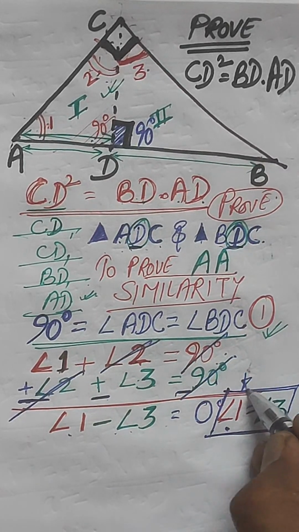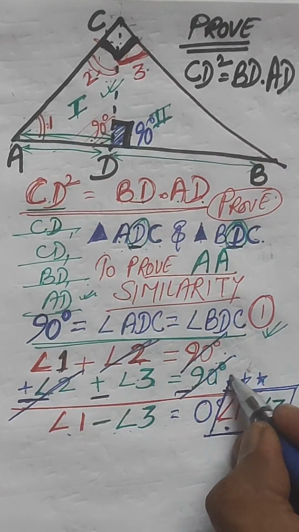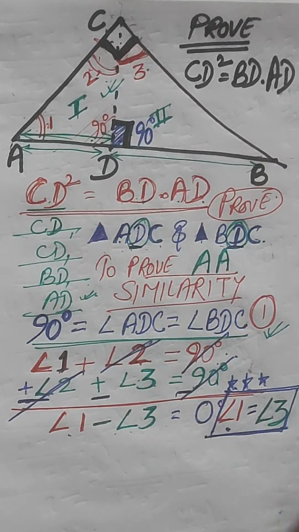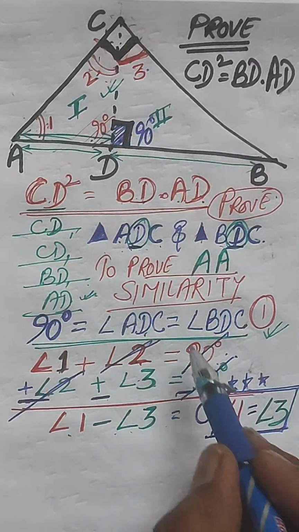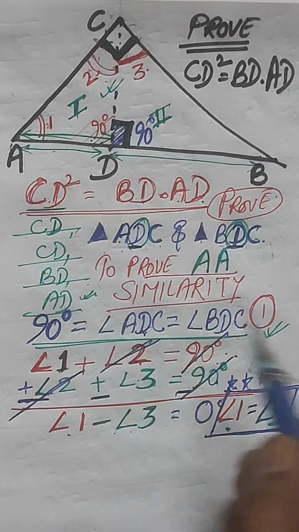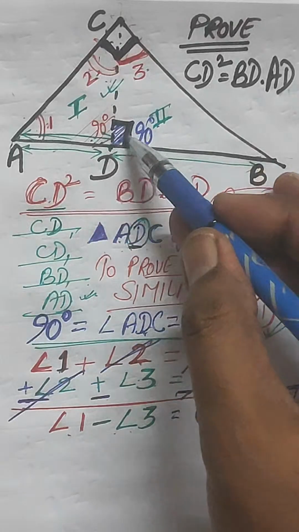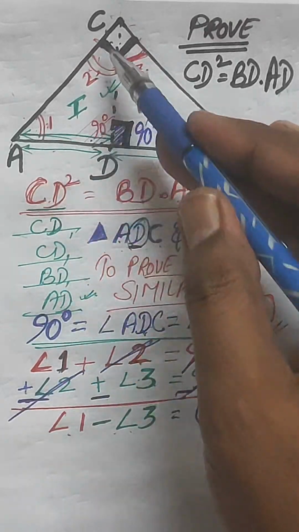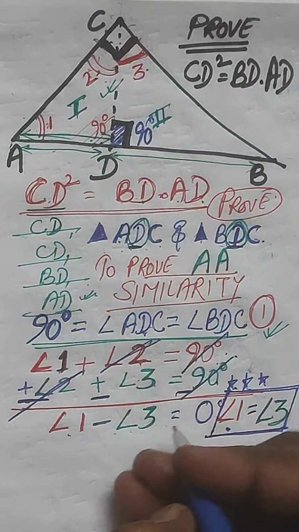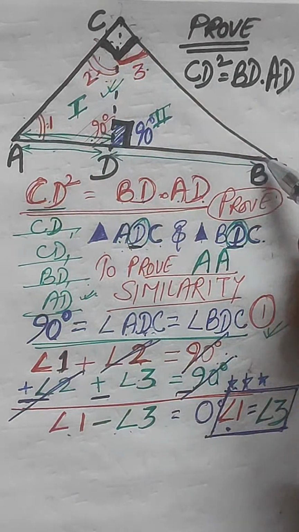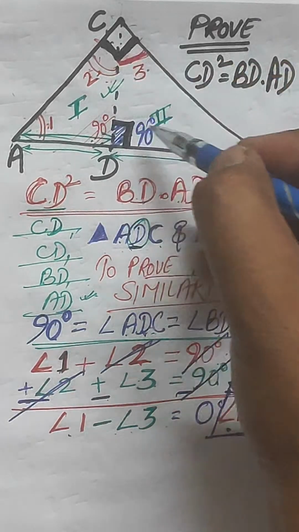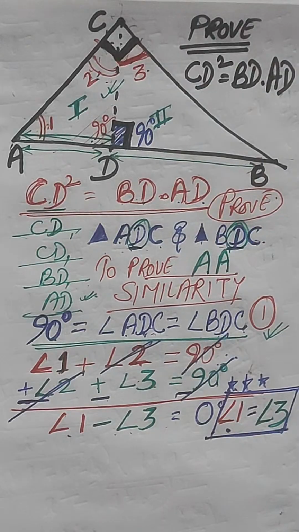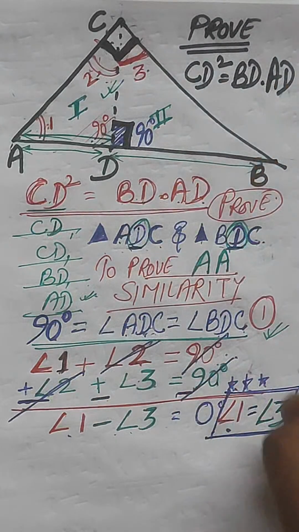So this is one of the criteria which is fulfilled, because from these two triangles ADC and BDC, one angle was already equal, that is the central angle between, you can see, D, that is already 90 degree, that is present in both the triangles. In triangle ADC, it's angle ADC which is 90, and when you consider the second triangle BDC, it's angle BDC which is equal to 90 degree, right? Now one criteria is fulfilled over here.